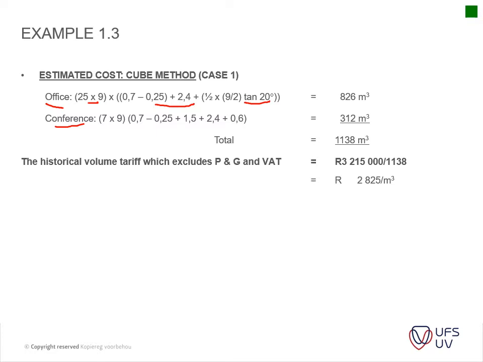What the dimensions basically say is we've got 700 millimeters below to the bottom of our strip footing, so deduct to get to the top of our strip footing.